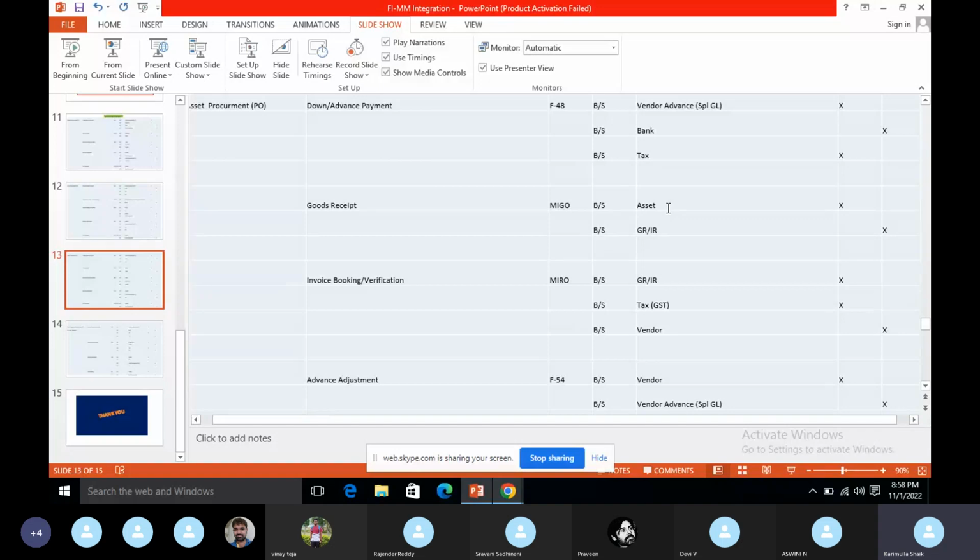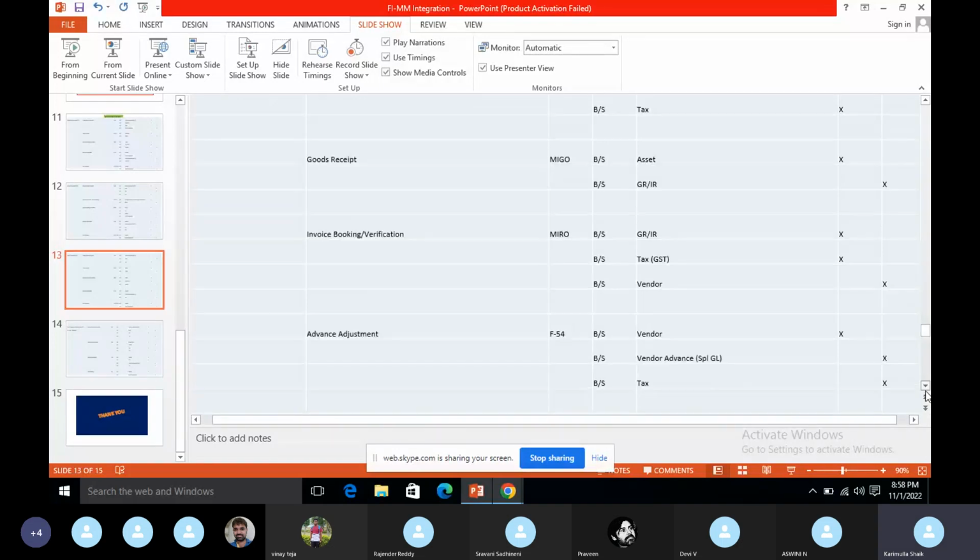Again, if you have any GST, that will be debited, and GRIR clearing account will be credited. Invoice verification, MIRO, GRIR clearing account will be debited, GST will be debited, vendor account to be credited. Advance adjustment, same. Final entry is vendor to bank outgoing.